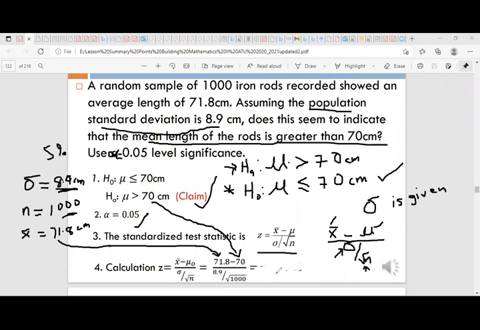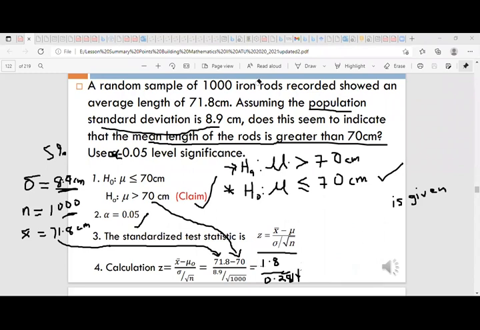If you look here, this is what Salim is saying. This gives us 1.8 over 0.2814.